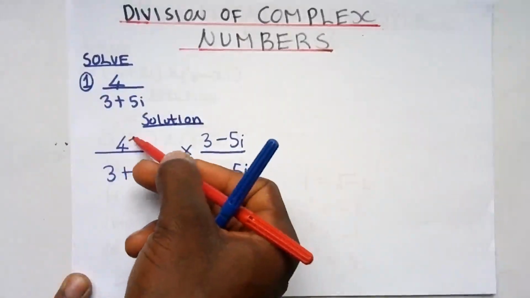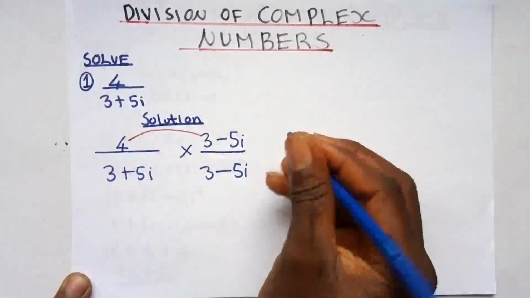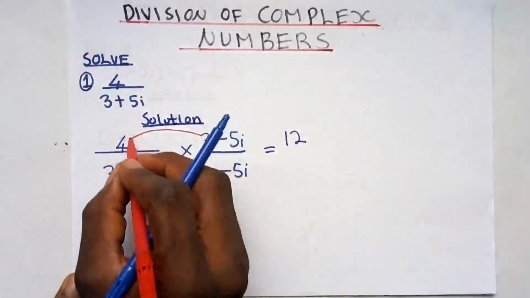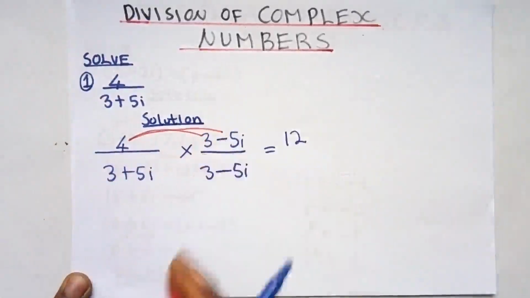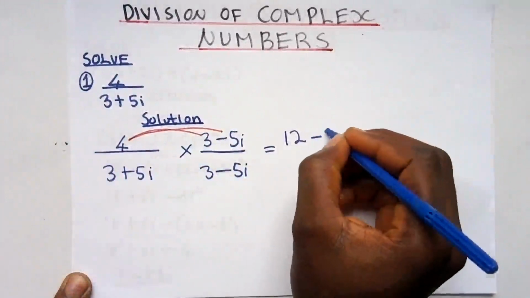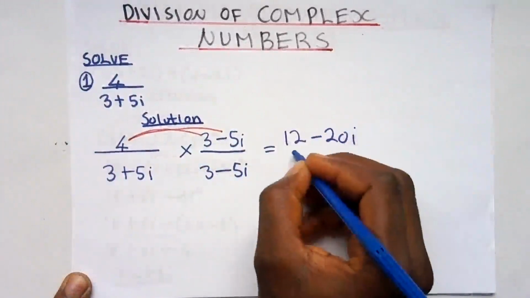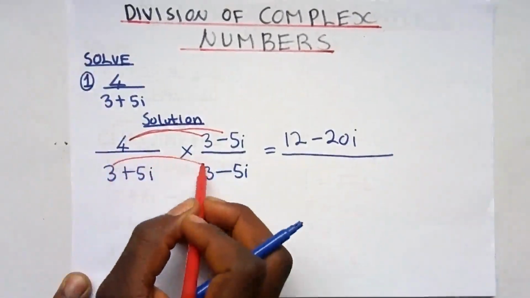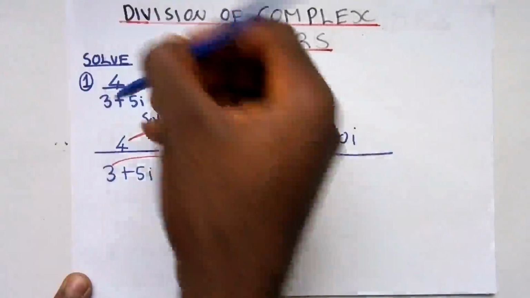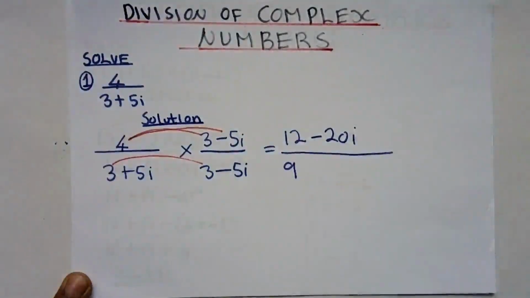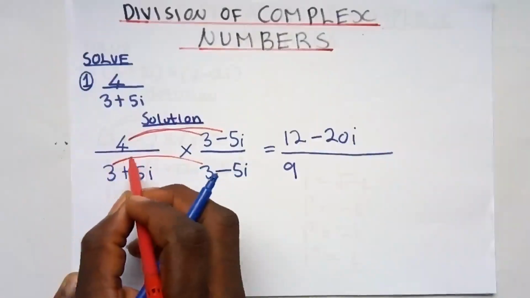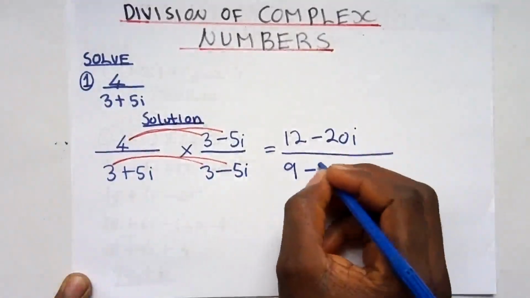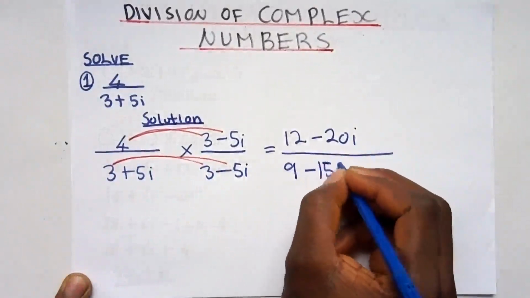So 4 multiplied by 3 gives us 12. 4 multiplied by minus 5i gives us minus 20i. 3 multiplied by 3 gives us 9. 3 multiplied by minus 5i gives us minus 15i.